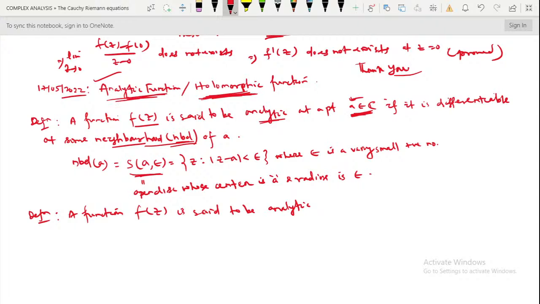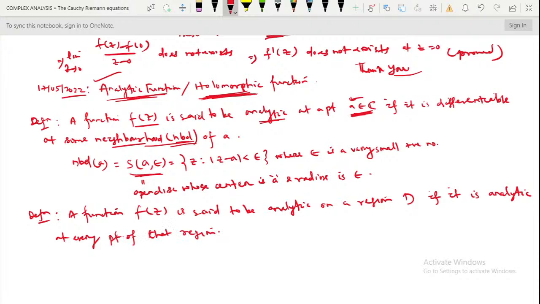So a function f of z is said to be analytic on a region D if it is analytic at every point of that region.